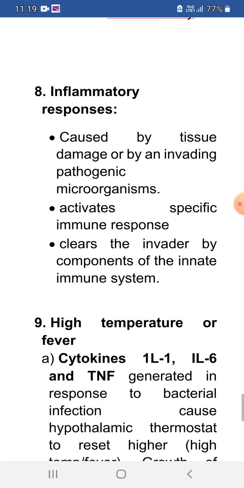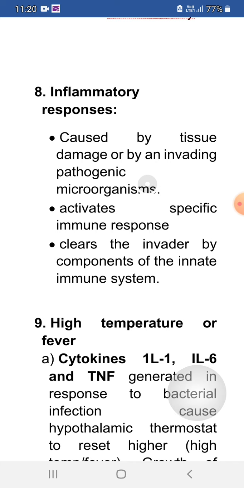The next mechanism is inflammation. Inflammation is caused when a cell is damaged, like a cut, or is infected by a microorganism. This produces chemicals, as we'll see later, which activate the immune system.